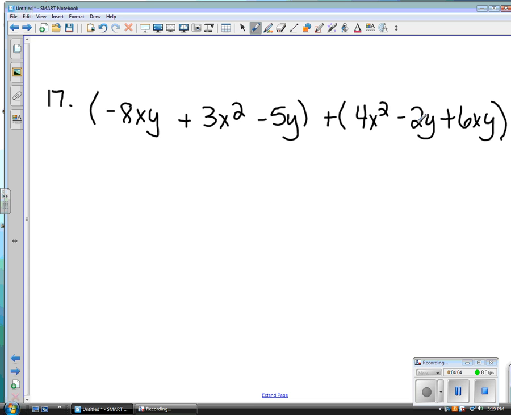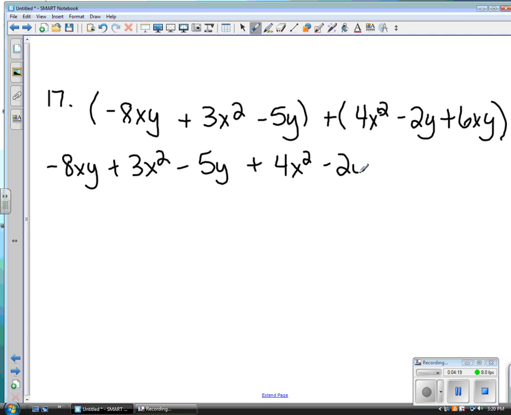Nothing to do inside of the grouping symbols. It has an add, so I'm just going to get rid of the grouping symbols. And remember, the more practice you have, you can start to actually skip steps. This is one of those steps you possibly could skip. The next one is another one you possibly could skip.